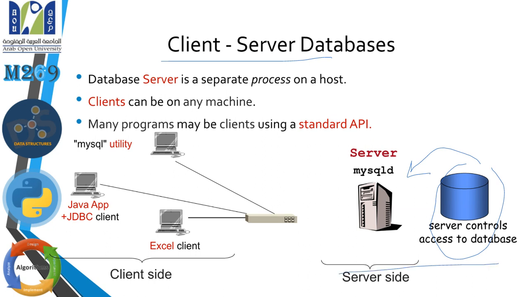This is the server side, and on the client side we have different clients using different APIs to access data. For example, in the government we have the same database of everybody on Absher, and through Absher you can use this information in other applications, like Tawakkalna or Tabaud.